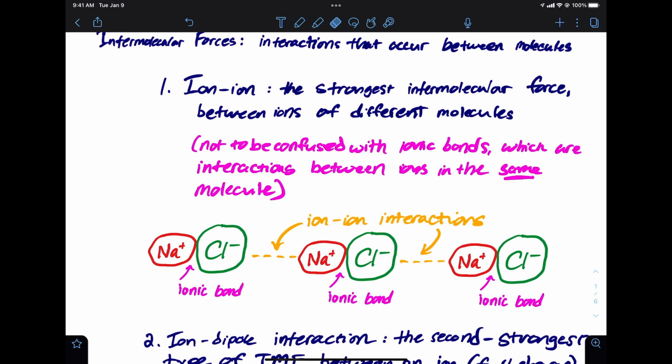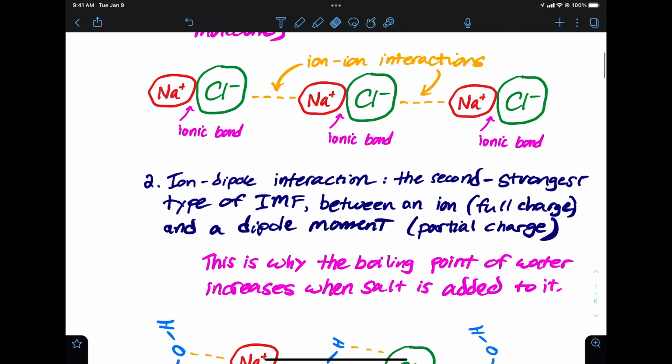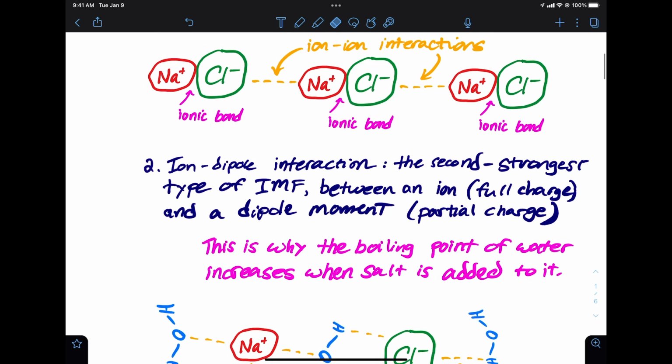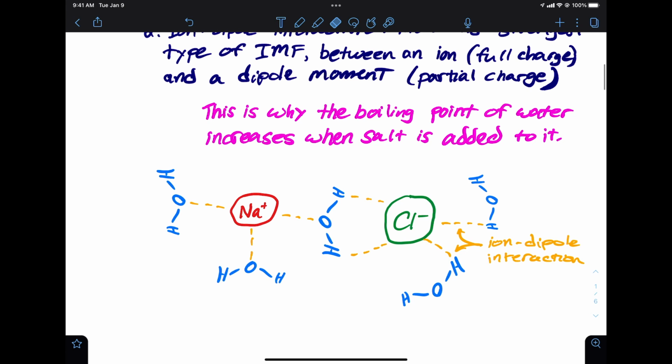Not to be confused with an ionic bond, but an interaction between different ionic molecules or different molecules with ions on them. Second was the ion-dipole. Now we have a full charge in the ion and a partial charge in the dipole. For example, salt interacting with water in the aqueous state.